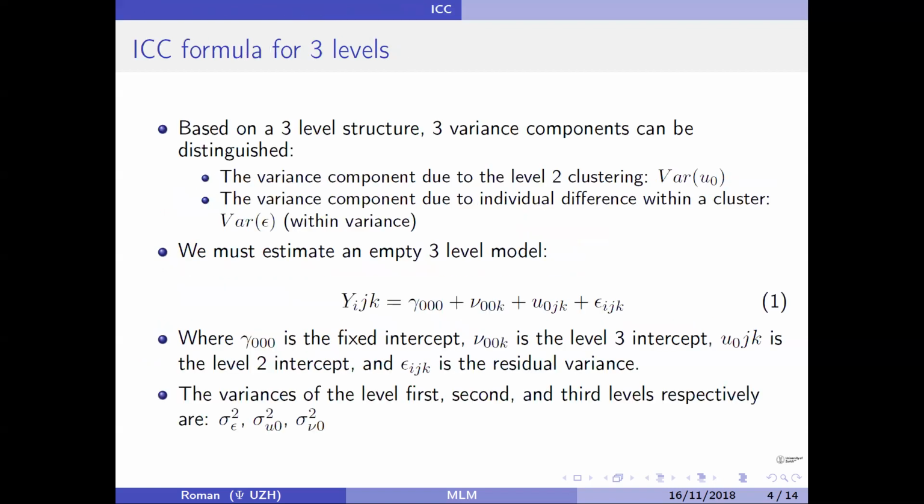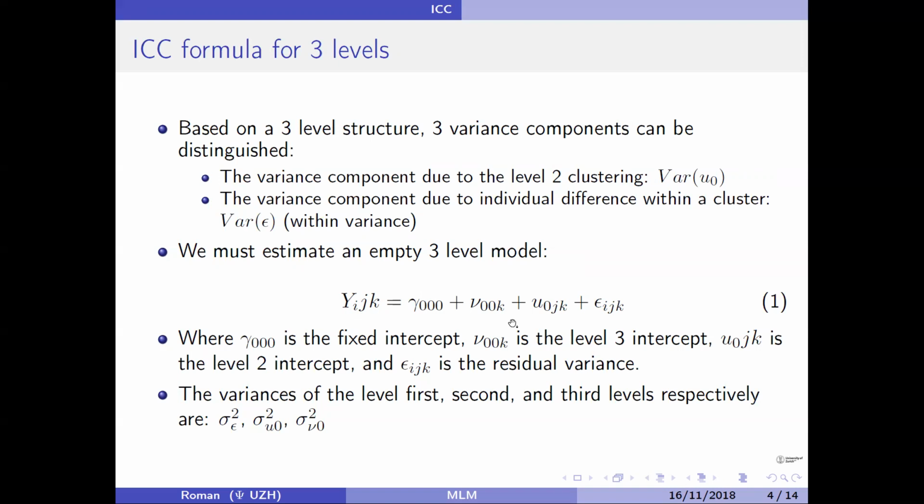So for the intra-class correlation formula, this is no different than last week. It just means something different. We estimate an empty model here where we have an outcome variable which varies at the measurement occasion level, which is I, an individual level J, and a cluster level K. We have our fixed intercept, which is the average intercept.